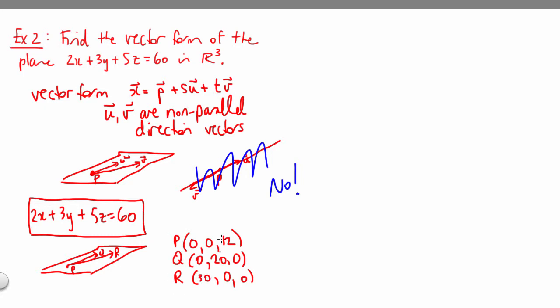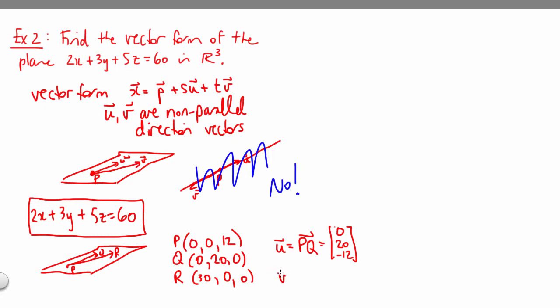So there we go, we've got 3 points on the plane, and we can choose our direction vectors by saying, why don't we let u be the vector PQ? Algebraically, we're going Q minus P, so we're getting the vector (0, 20, -12).